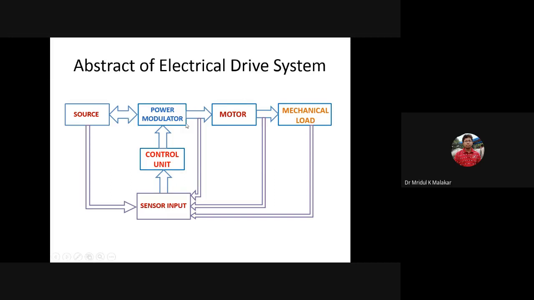If it is a helicopter, the same thing applies. You apply some power modulator, and the motor is an electric helicopter or RC. Suppose you are driving this RC helicopter in Arunachal Pradesh or Sikkim, and another one I drive here in Pune, Maharashtra, with the same controller.